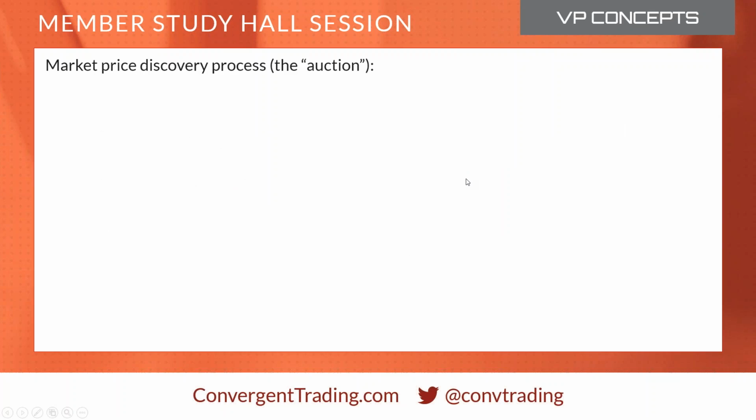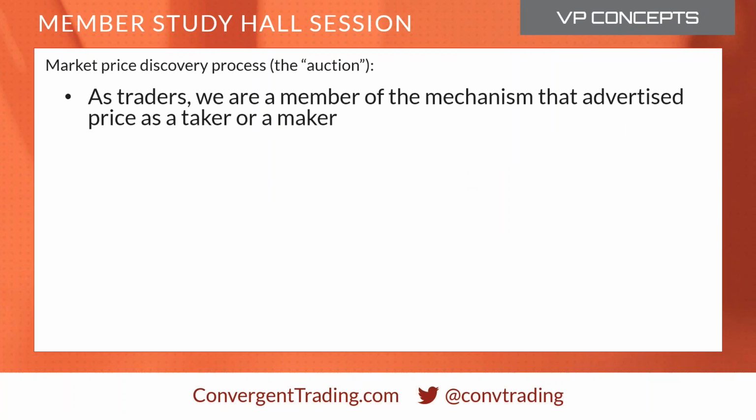So first things first. The price discovery process: as traders, we're a member of the mechanism that advertises price as a taker or maker. Our participation really boils down to our ability to come in, look at price, and either take the bid or the offer, and therefore take the next price up when we take the offer, so we're buying, or take the next price down when we take the bid, we're selling.